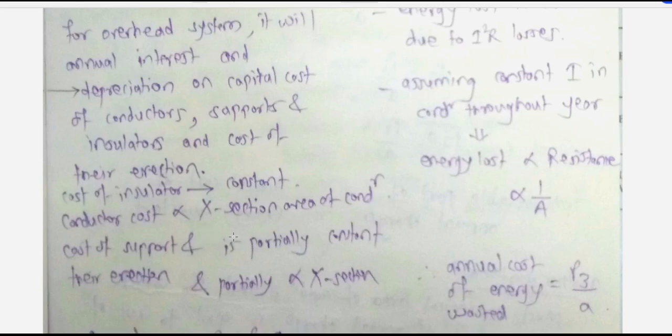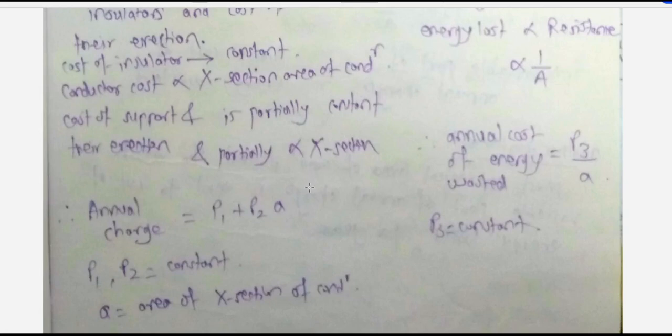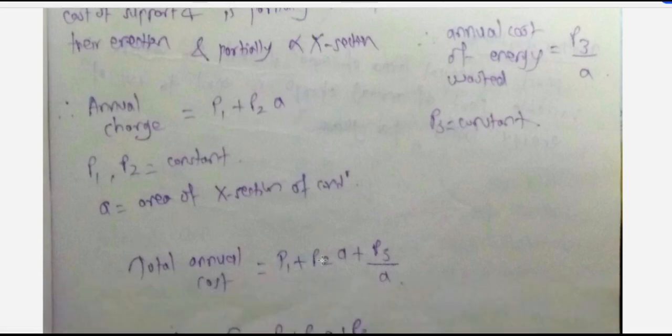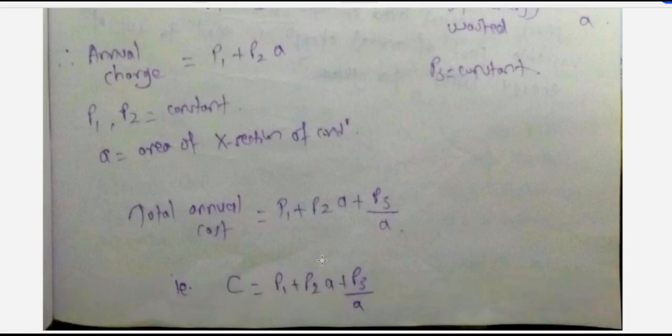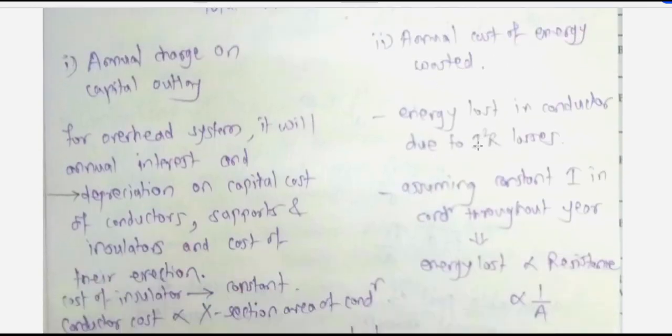The conductor cost is directly proportional to the cross-sectional area, and the cost of support and erection is partially constant and partially directly proportional to the cross section. Therefore, the annual charge becomes P1 plus P2 times A, where P1 and P2 are constants and A is the area of cross section of the conductor. So the total annual cost becomes P1 plus P2 into A plus P3 by A. Now what is P3? P3 is the annual cost of energy wasted.